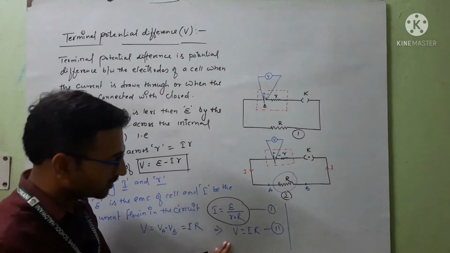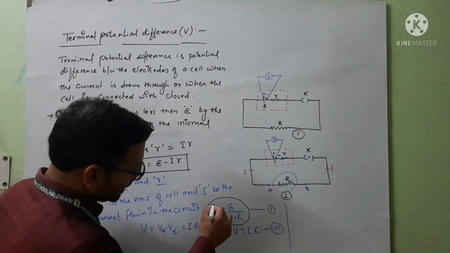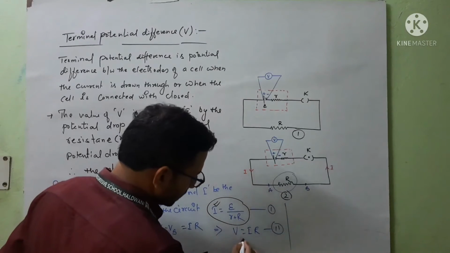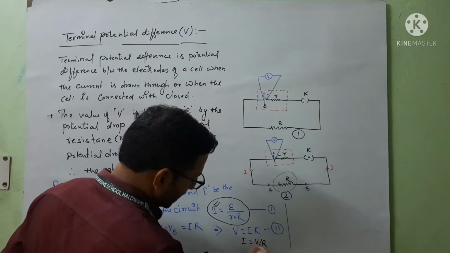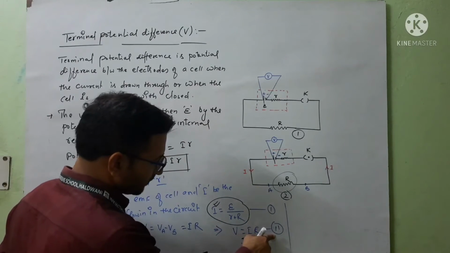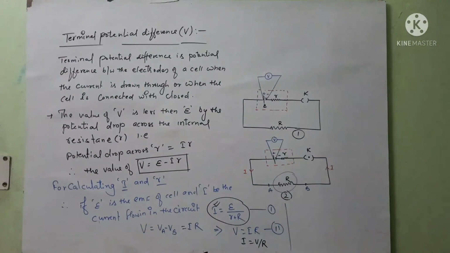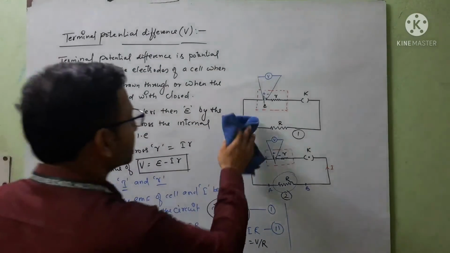If we want to know about the internal resistance, we will substitute the value of I, which is V upon R, from the second equation into the first equation, and we will get the final result for internal resistance.